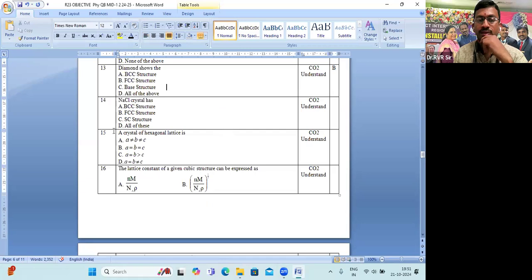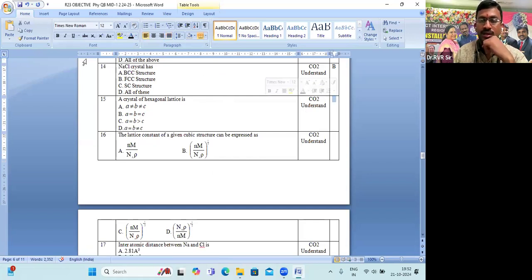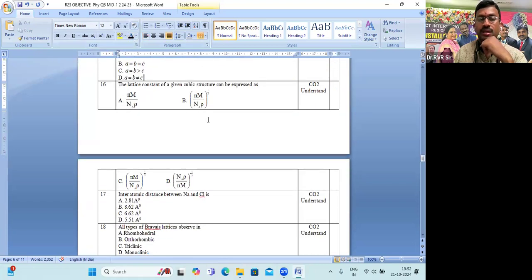NaCl crystals has, so NaCl crystal has which structure? Just observe the option B, FCC structure. Crystal of hexagonal lattice is, now hexagonal lattice primitive relation is given by option D, a equal to b and not equal to c.